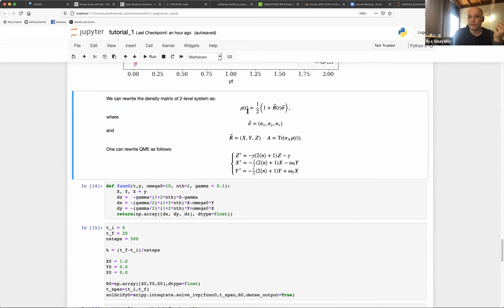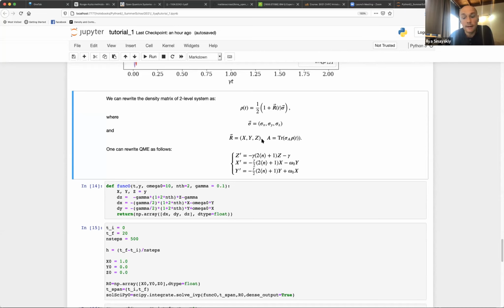And you can always write it like this: 1/2 of the identity matrix plus R dot sigma, where sigma is the vector of the Pauli matrices and R is the vector with these 3 observables, x, y, z. Each of them is just equal to the trace of the density matrix with the corresponding Pauli matrix.